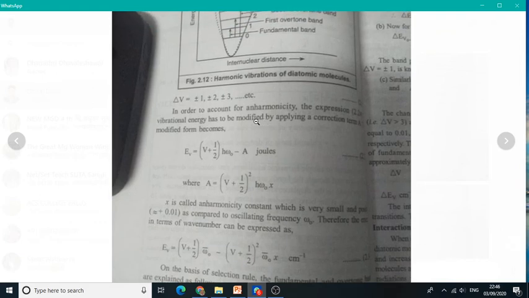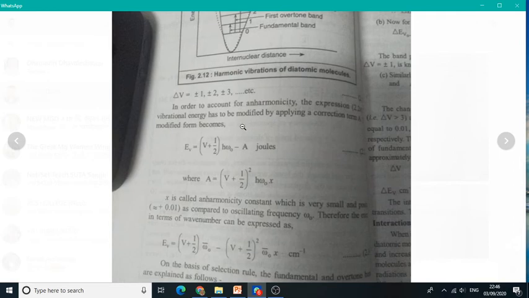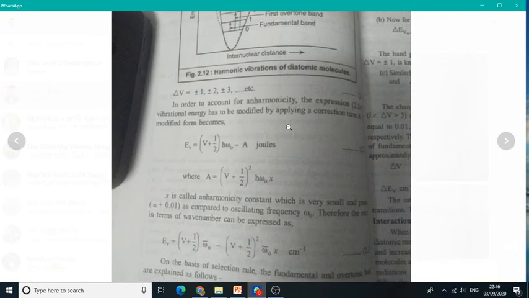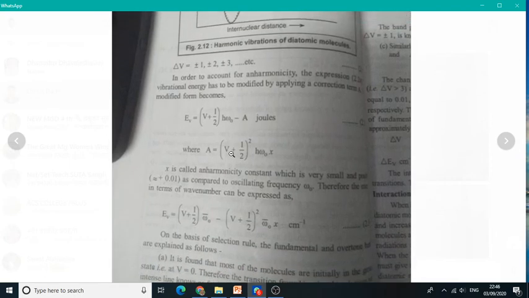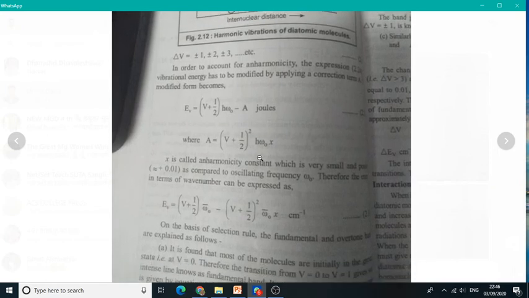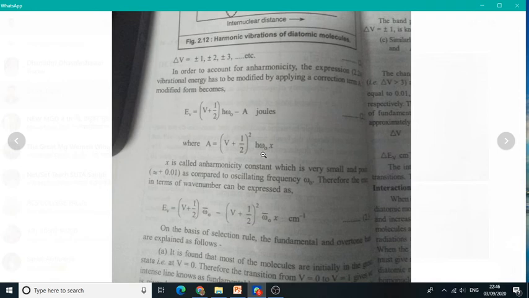The vibrational energy of anharmonic oscillators is modified by applying a correction term, and this is phi plus 1/2 bracket square into h omega oscillation into x, where h is again Planck's constant, omega oscillation is a frequency, and x is the anharmonicity constant, which is very small, approximately equal to 0.01, and very much less than the oscillating frequency.